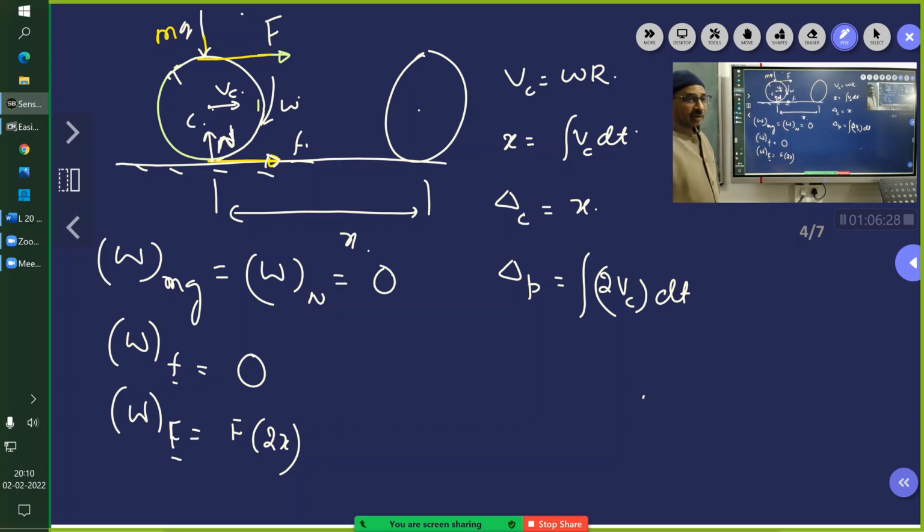I told you in the first class only. The point of application of the force is not moving. That's all. Work done by the static friction is 0.